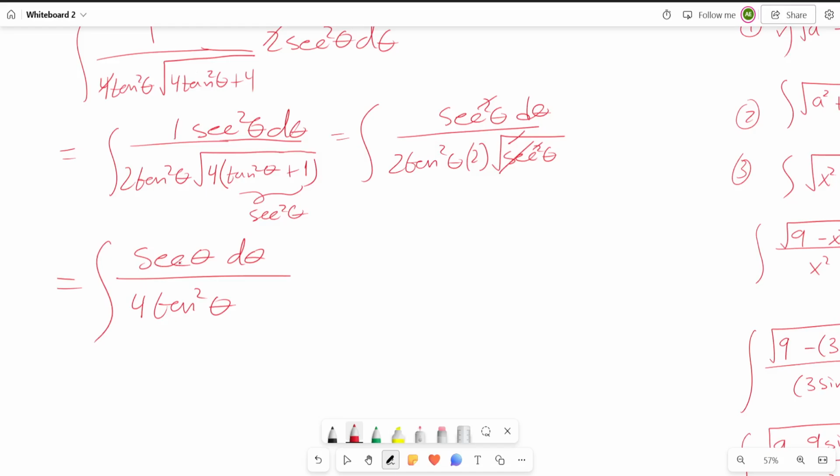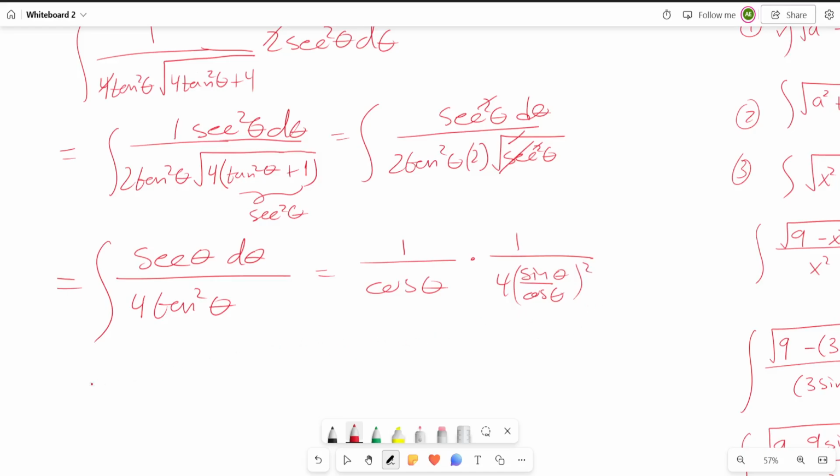So I know that secant theta is equal to 1 over cosine theta. So this is going to equal 1 over cosine theta multiplied by 1 over 4 tan squared theta. Isn't that correct? And instead of tan squared theta, I know that tan is basically sine over cosine, all squared, right?